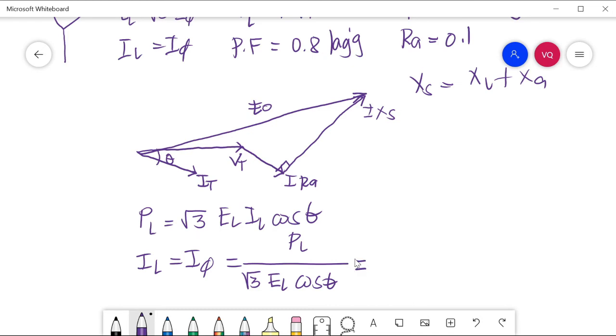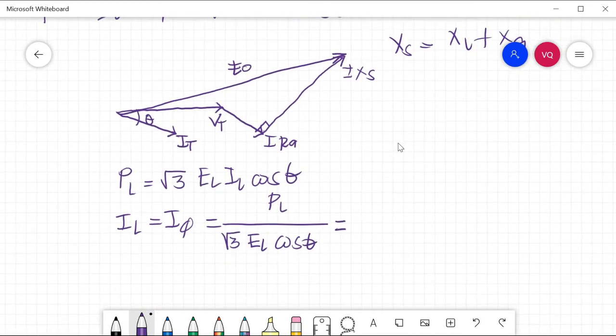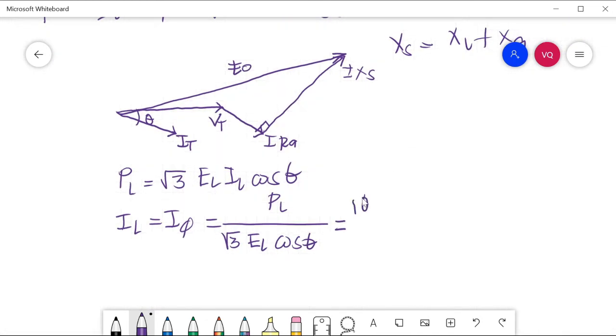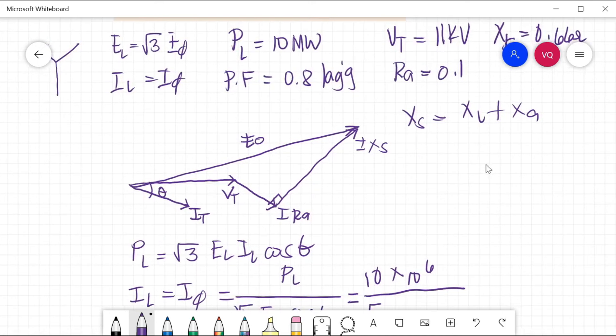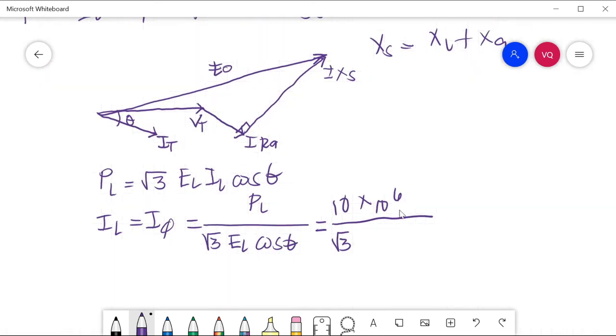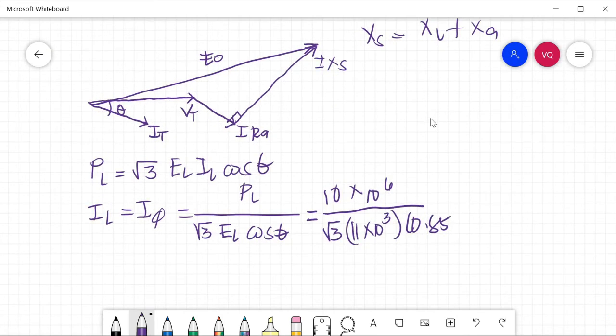PL is equal to the load power, 10 megawatts. 10 times 10 raised to 6 divided by square root of 3 times EL, which is 11 kV, times our cosine theta, the power factor 0.85.